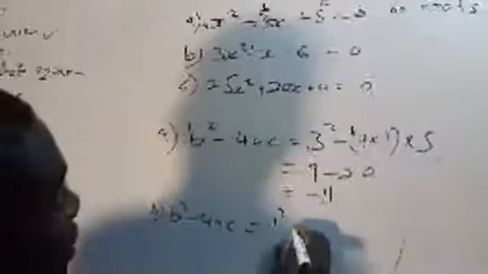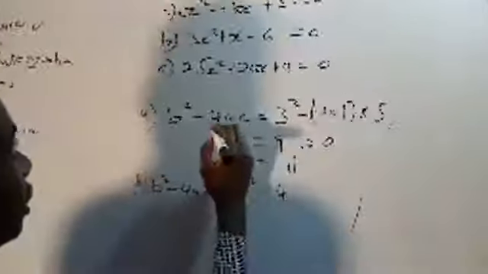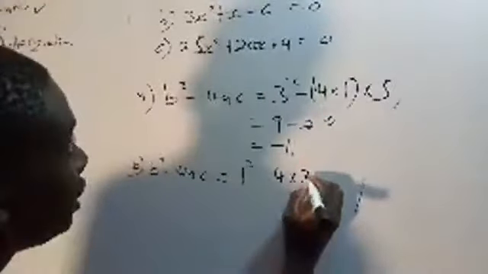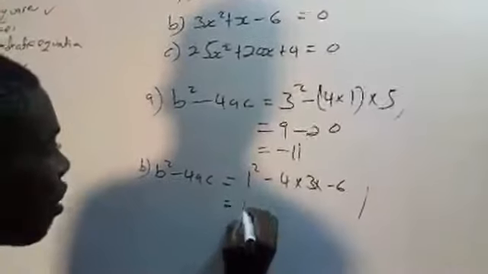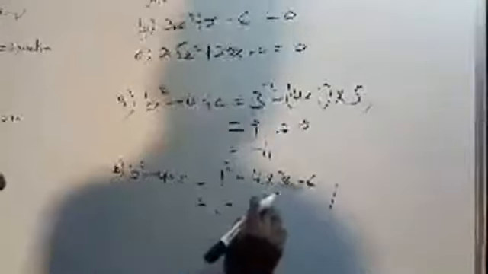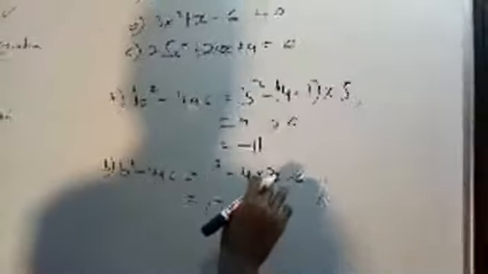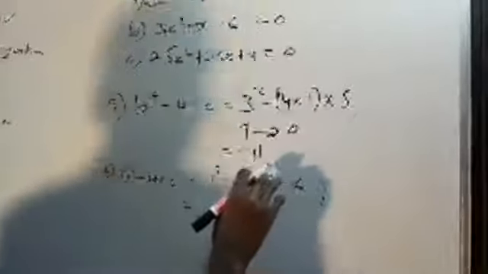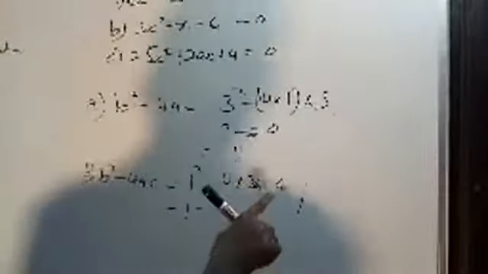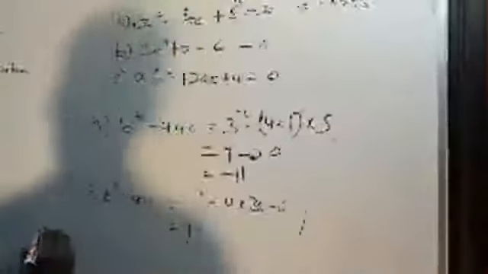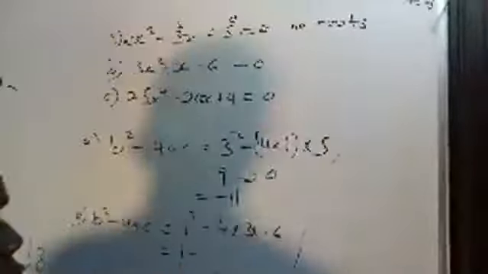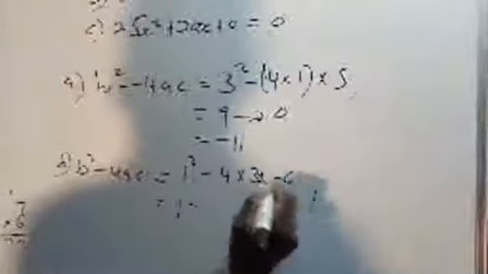B is positive 1, which is 1 squared, minus 4 times a which is 3, times c which is negative 6, so negative 12, and 12 times 6 will become 72.